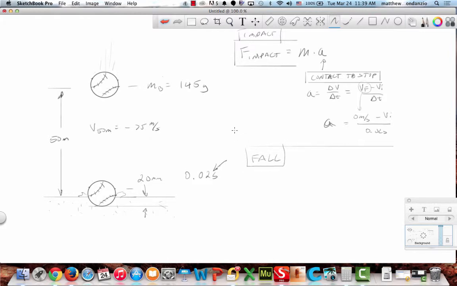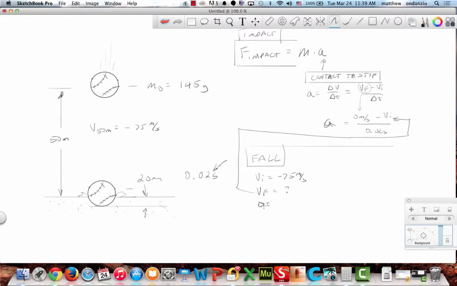For the fall, what's my initial velocity? Negative 75 meters per second. What's my final velocity for the fall? I don't know. What other information do I need? How long it takes to fall. Do I know my delta t?